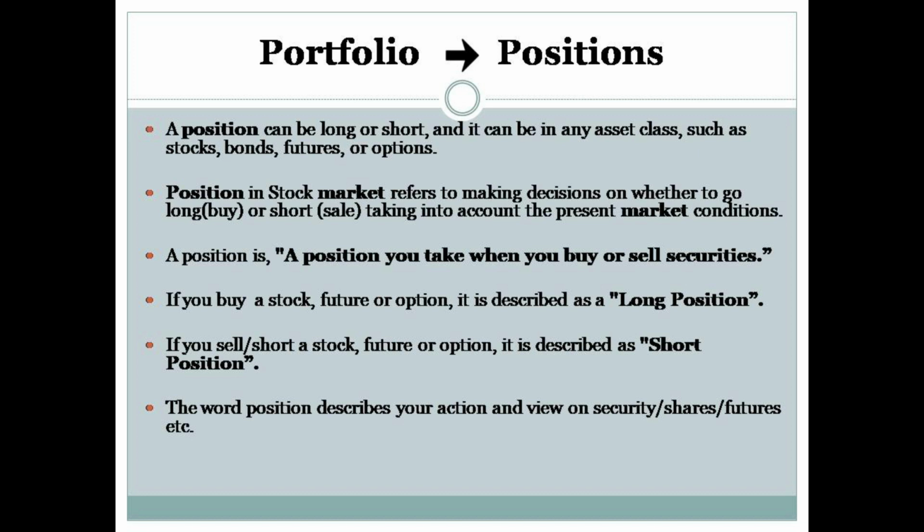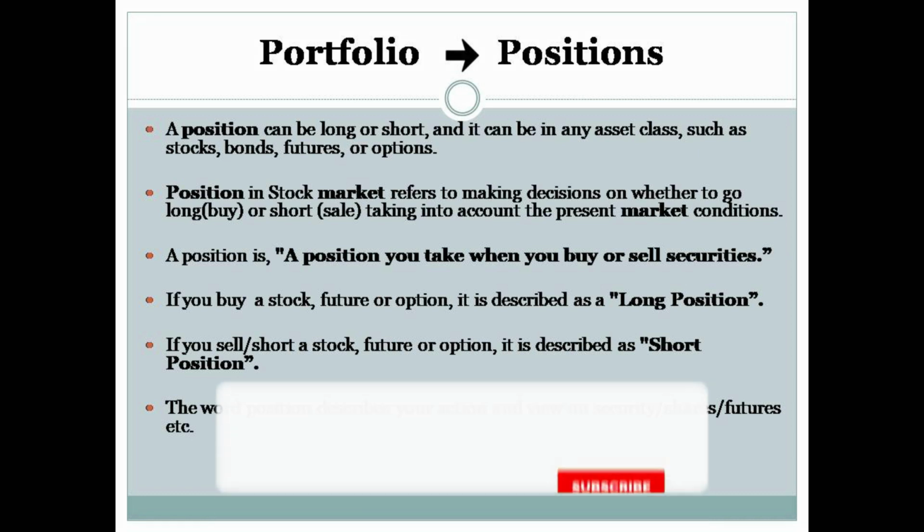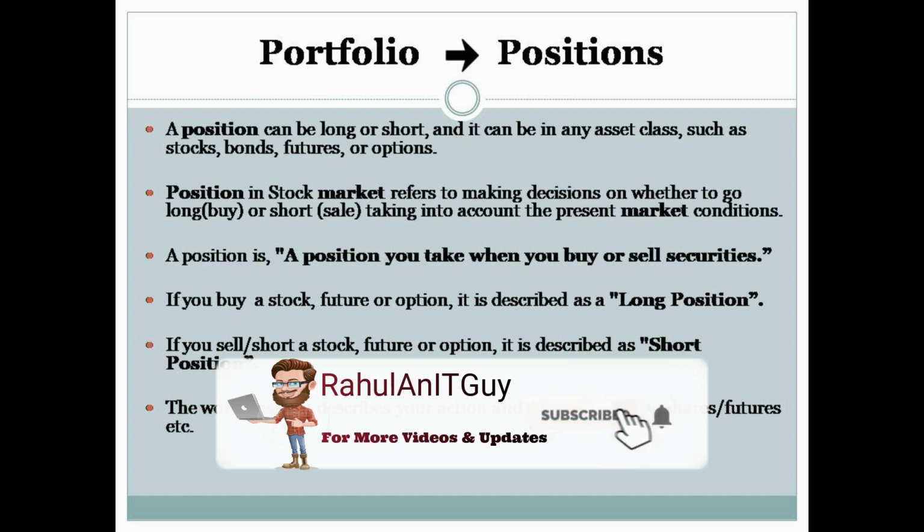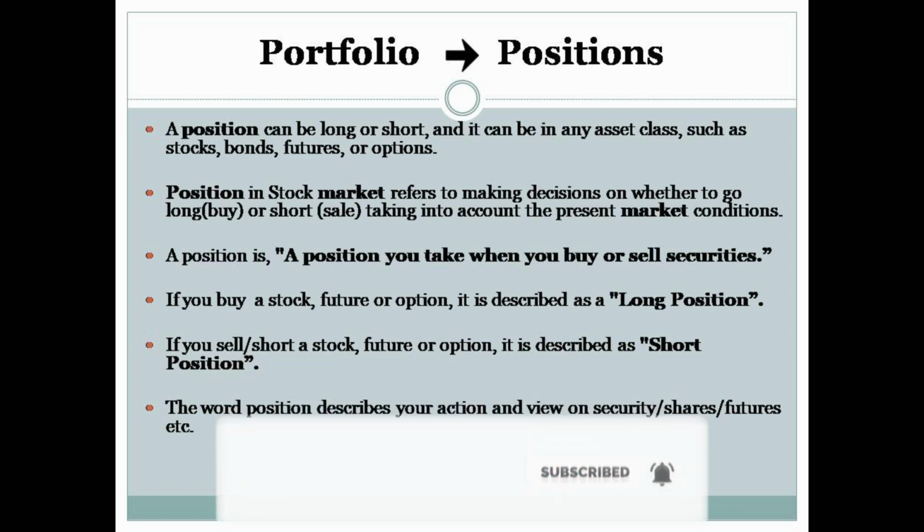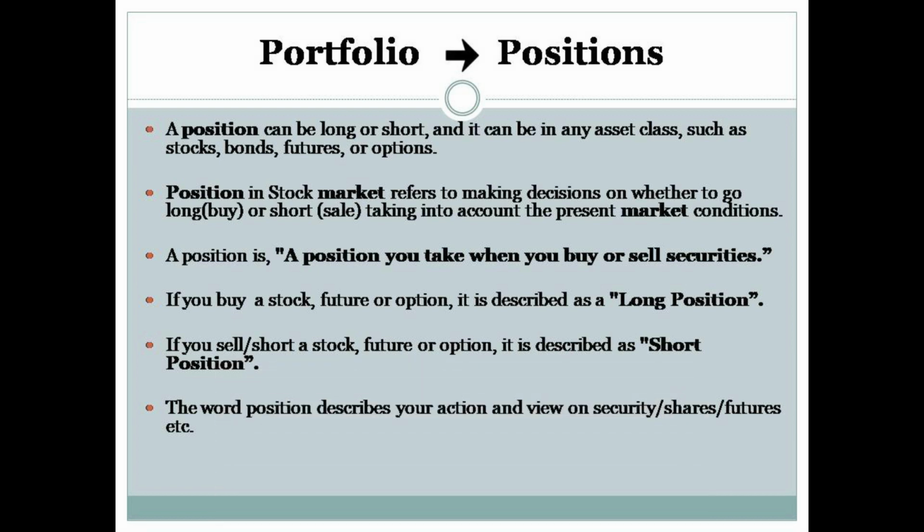A position is what you take when you buy or sell securities. If you buy a stock, future or option, it is described as a long position. If you sell or short a stock, future or option, it is described as a short position. The word position describes your action and view on security, shares, futures, etc.